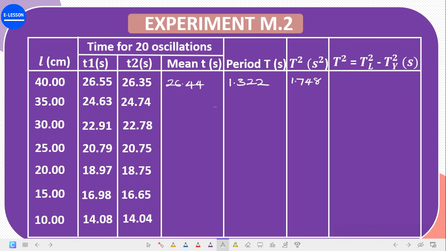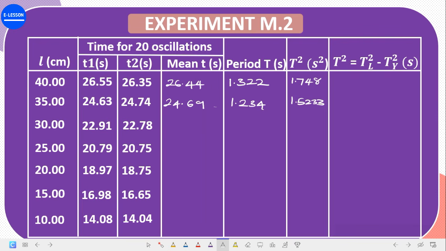When you divide this by 2, it's going to give you 24.69. Then you divide this again by 20, the number of oscillations, to give you the period as 1.234. Then you square this to give you 1.523.